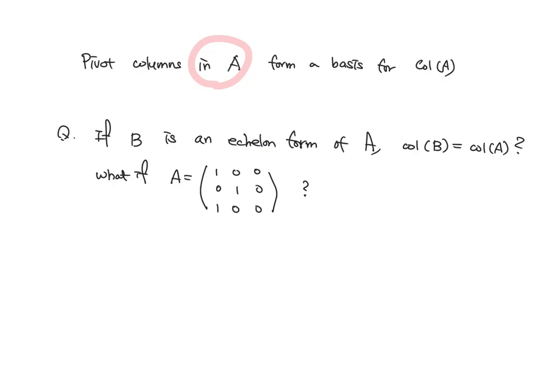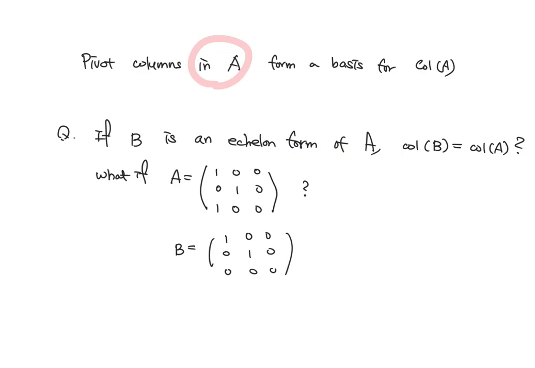What is the reduced row echelon form of A? Well, in that case, B will be 1, 0, 0, 0, 1, 0, and 0, 0, 0, right? If I subtract the first row from the third one, you get an echelon form, which will be the reduced row echelon form as well.